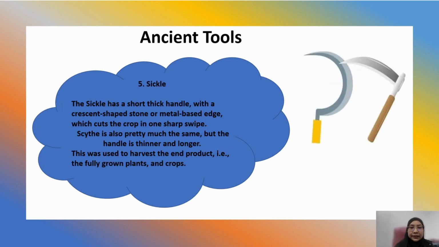The sickle has a short thick handle with a crescent-shaped stone or metal edge, which cuts the crop in one sharp swath.